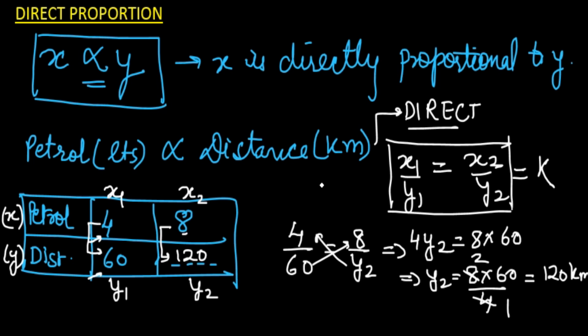Two quantities are in direct proportion when one quantity increases and the other quantity related to it also increases. If one quantity is decreasing, the other quantity is also decreasing. So the change in both quantities is in the same direction. One is increasing, the other is increasing; one is decreasing, the other is decreasing.